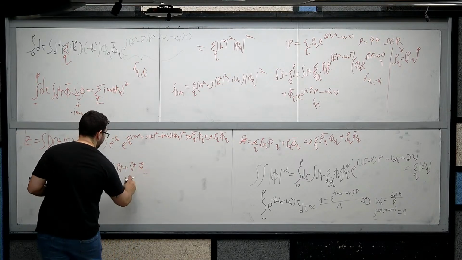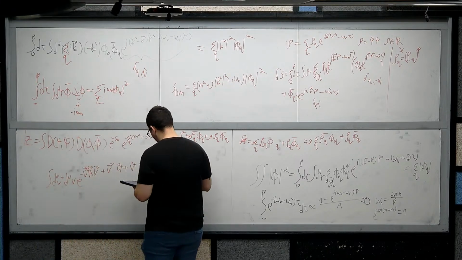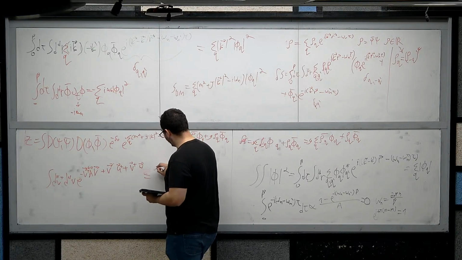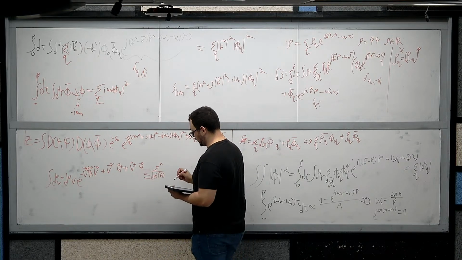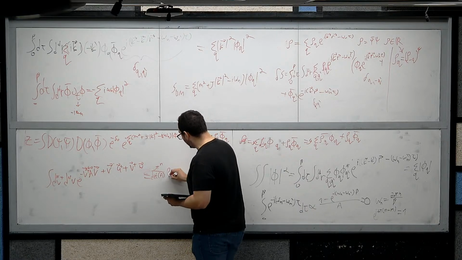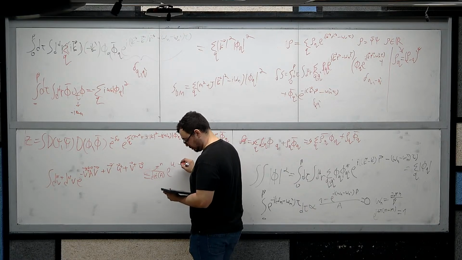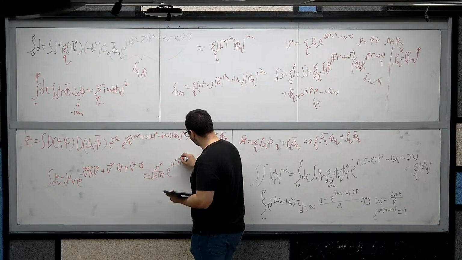This entire integral, you know, is equal to pi to the power of n divided by the determinant of A, e to the U dagger A inverse U.